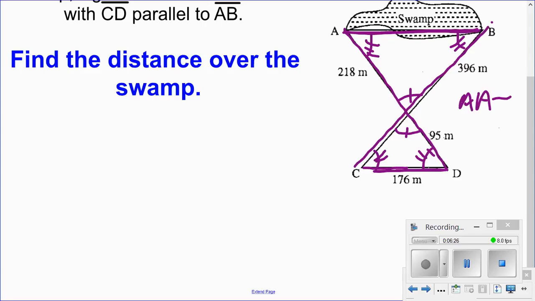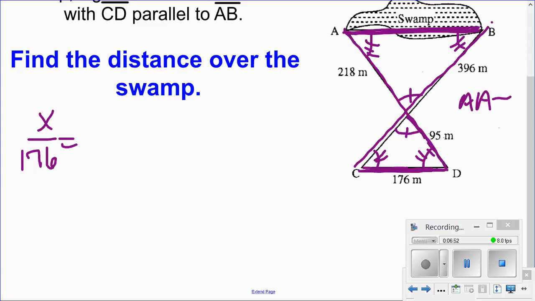So I'll start with the distance I'm trying to find, AB. So we'll call that X. Now that's in the larger triangle, so now I'm going to look in the smaller triangle. The corresponding side is the side between the angles marked 2 and 3, so that's 176 is equal to, now I have to go with the 95 because that's the only other side I know in the small triangle.